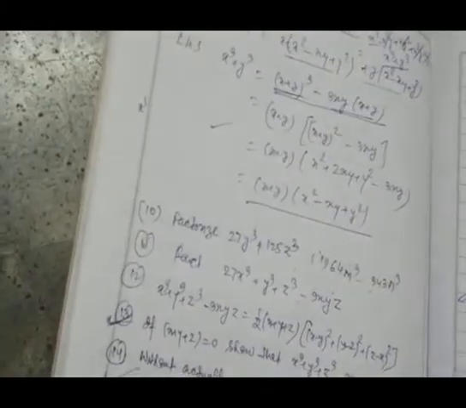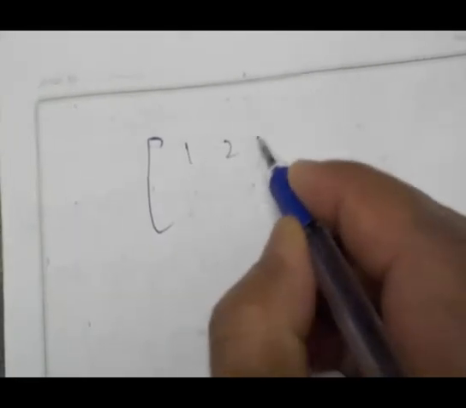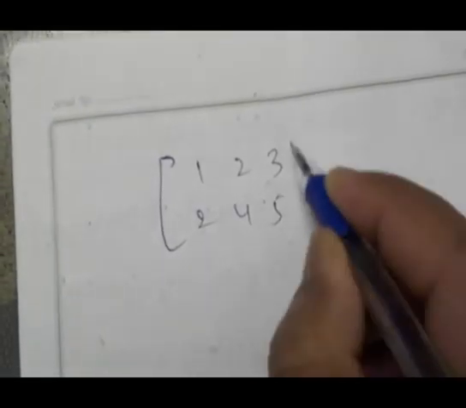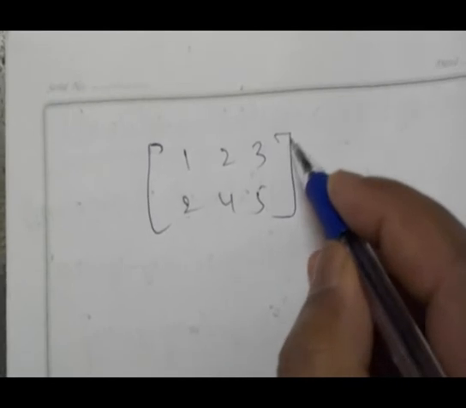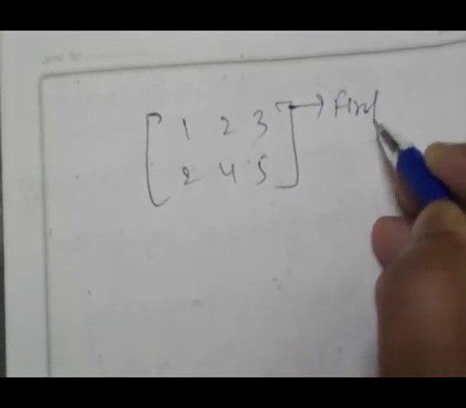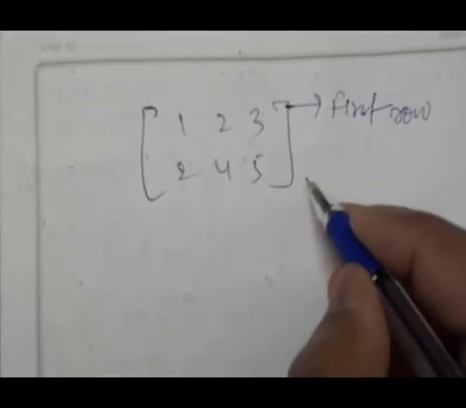In general, when you write down any matrix, suppose I have written 1, 2, 3, 2, 4, 5. Here, this is the first row and this is the second row.